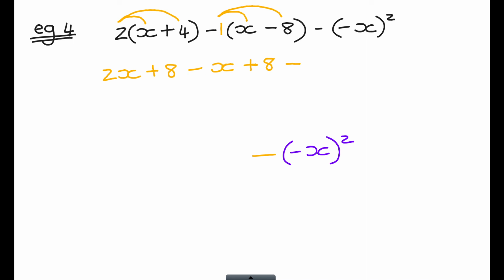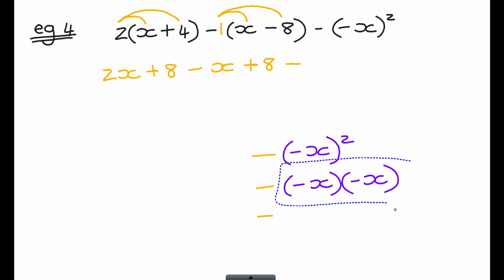Okay. So if I were to write that out along a method, it's going to look like this. Minus x minus x. Because what that little 2 means is I've got to multiply this bracket with itself 2 times. Do you guys agree? Okay, so let's stick to that minus in front. BODMAS tells me first sort out your bracket. So what I've got to do now is multiply these two with each other. And a negative times that negative is going to give me how much?